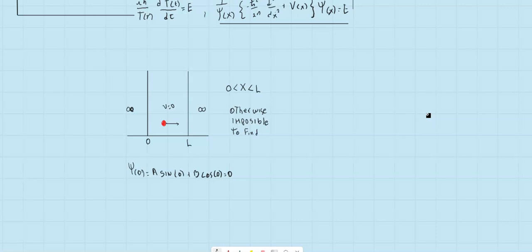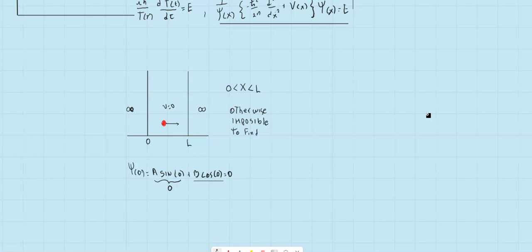Must be equal to 0. Well, I know this here. This is 0. Cosine of 0 is 1. B times 1 equals 0. This implies that B is 0.